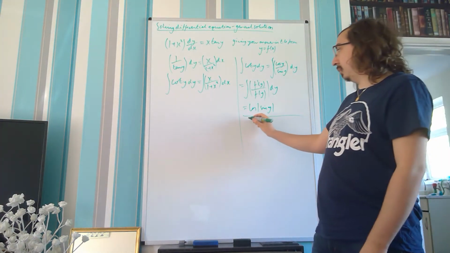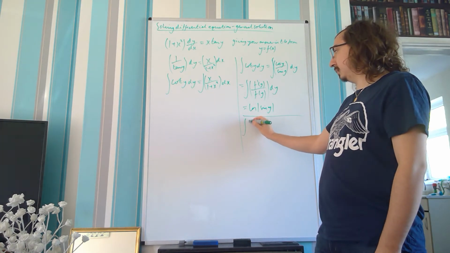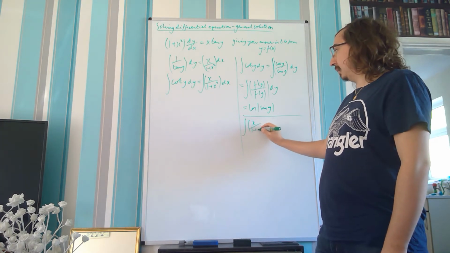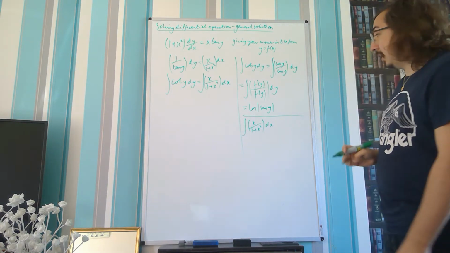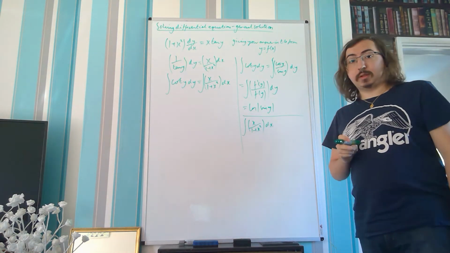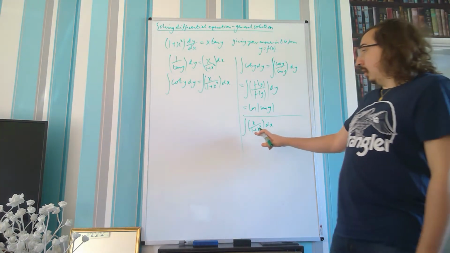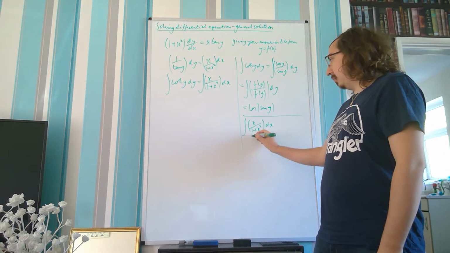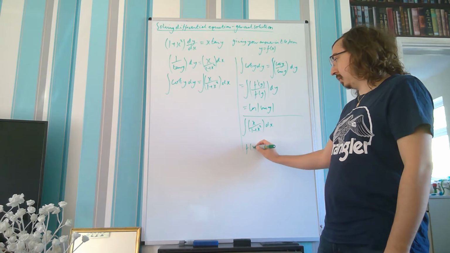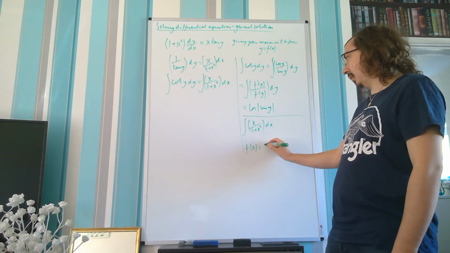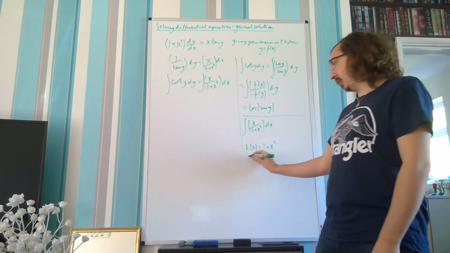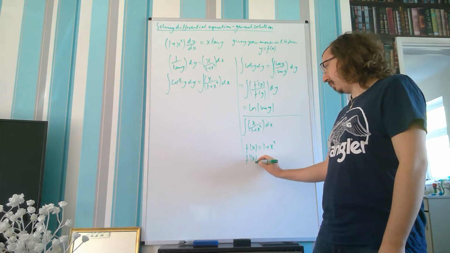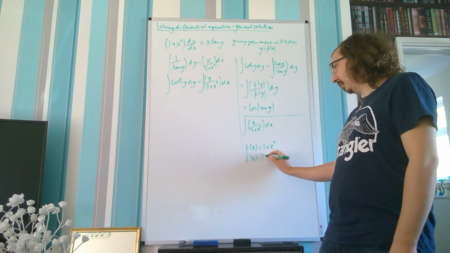We then have to deal with the right-hand side. So we also need to integrate x over 1 plus x squared with respect to x. And actually, this is quite similar to the last one. Because if once again we treat our function as the denominator 1 plus x squared, if we differentiate this, we would end up with 2x.